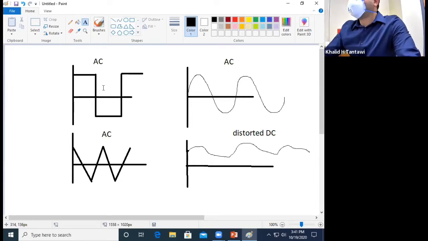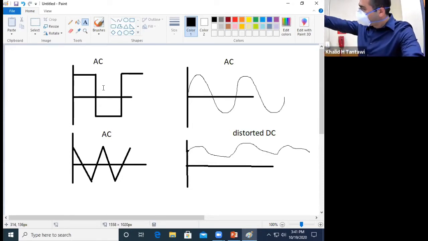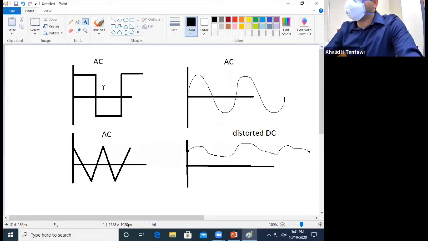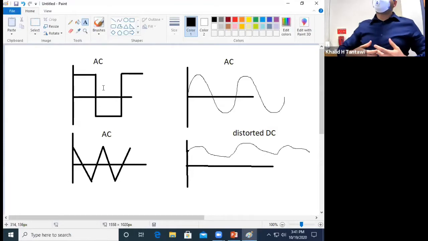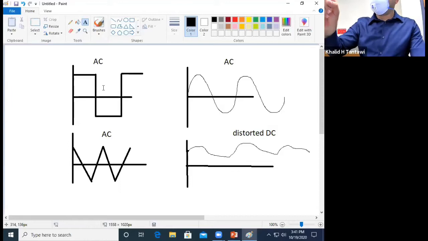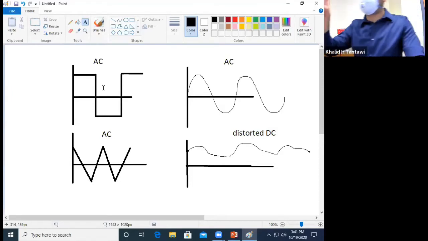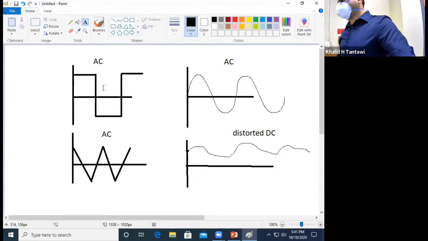And in electromagnetism, here's the critical thing: only the sinusoid signal is the one that produces torque. So when you push a square wave into a motor, it breaks down into an infinite number of sinusoids. Only one, called the fundamental frequency, will be able to drive the motor. And what happens to the rest?